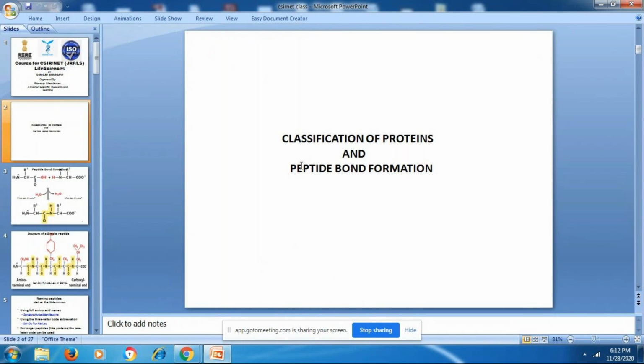I think you know about the peptide bond formation, how the peptide bond is formed.